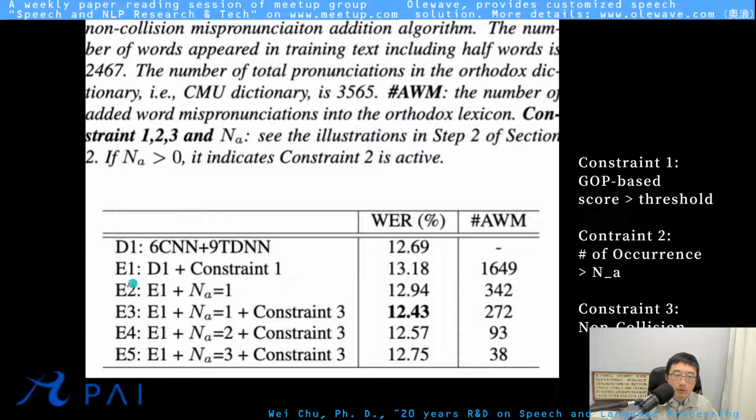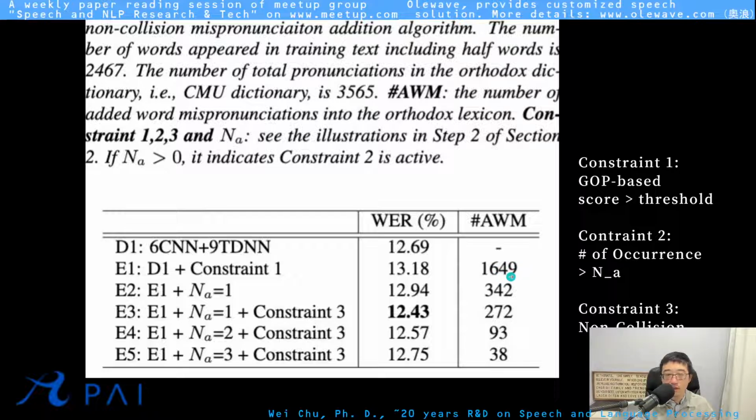If you just use the first constraint, the confidence constraint, so whenever you felt, okay, this is very likely to be a mispronunciation, you added this into the dictionary, then your WER gets significantly worse. I think this is what most researchers have been experiencing, and this is the same thing, because if you look at the number of words added into the orthodox lexicon, it is more than 1,600.